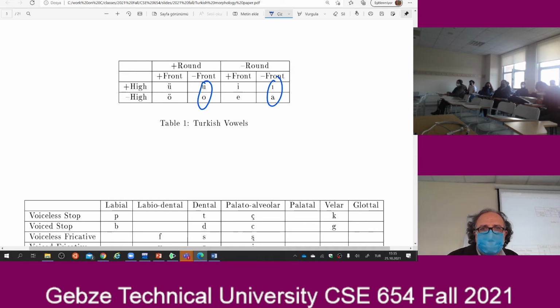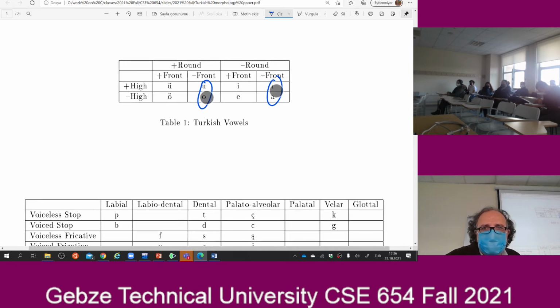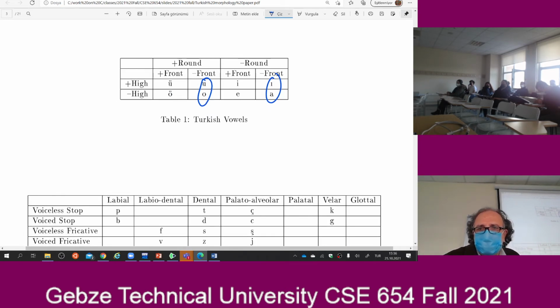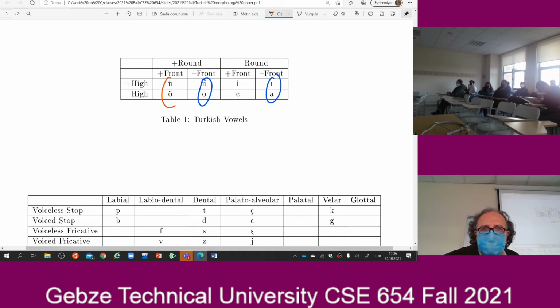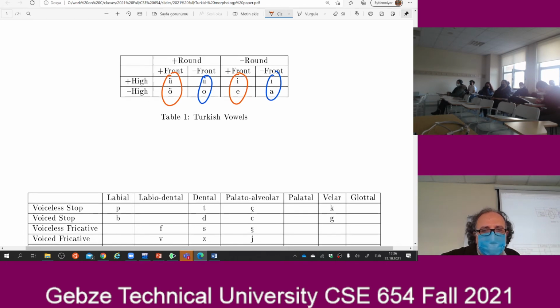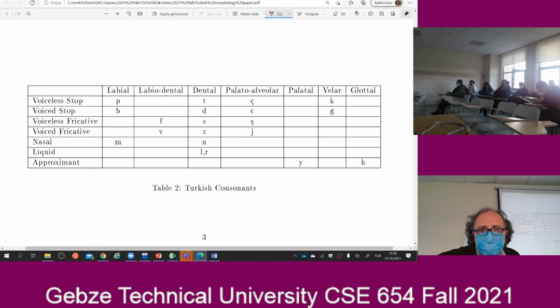The common thing for these four is the front minus, and the common thing for these is the front plus. That's how he is going to implement this vowel compatibility, büyük sesli uyum.